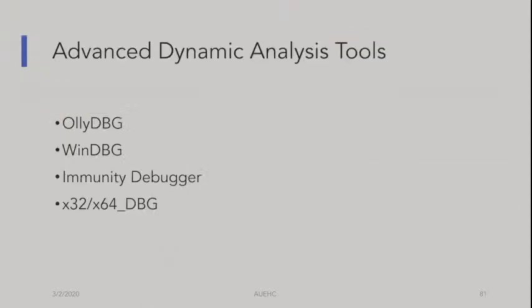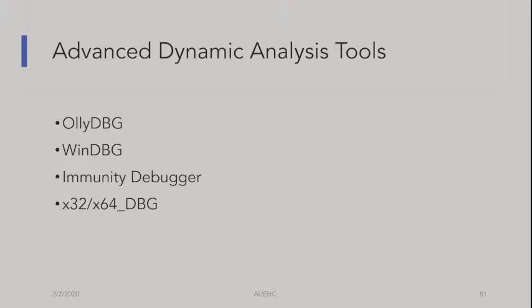x64dbg and x32dbg are what I use for advanced dynamic. WinDbg, isn't that for kernel debugging? I think so. Yeah. We are not touching that right now. OllyDbg, just use x32 or x64.